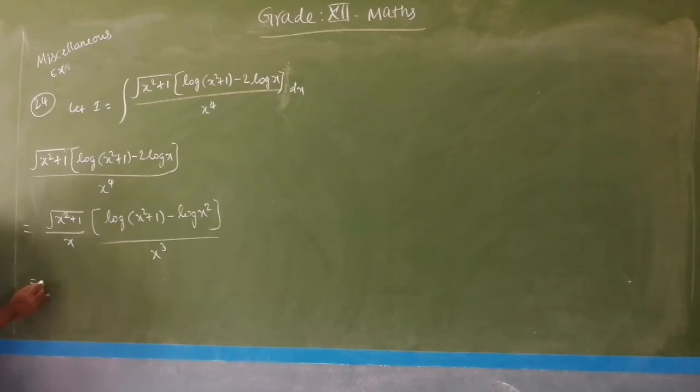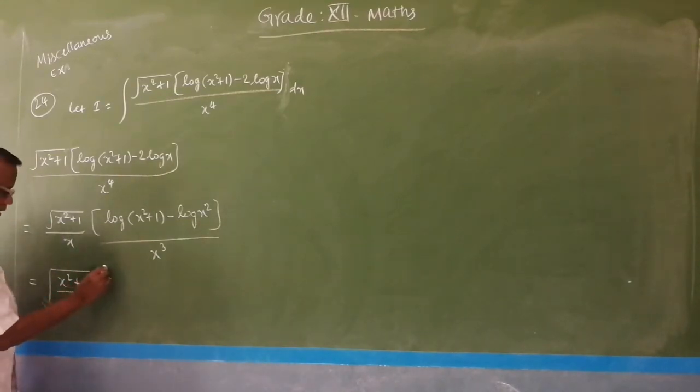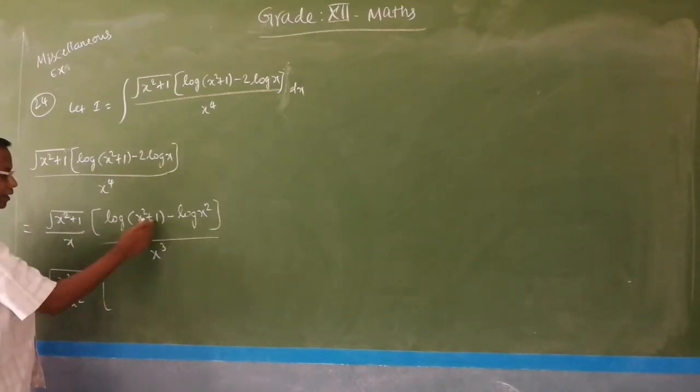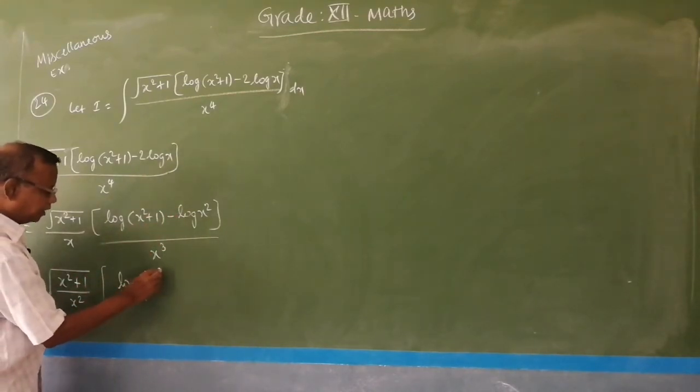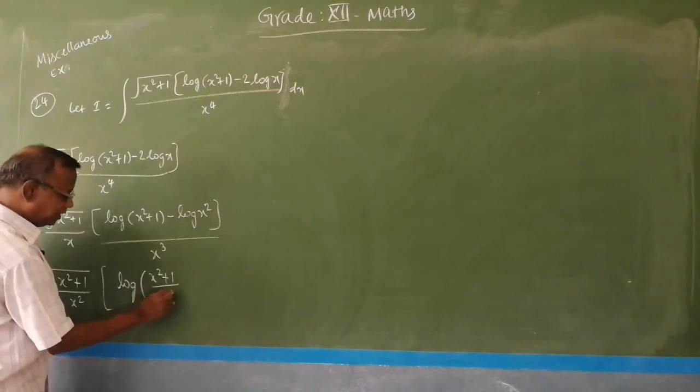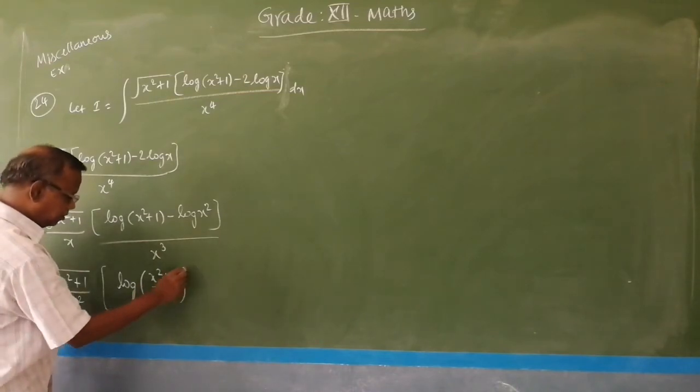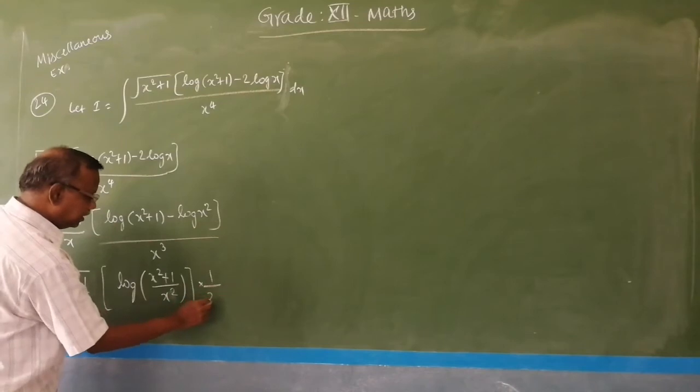Now bring the x into the square root, that will be x square plus 1 divided by x square. So outside it is x, inside it is x square, and log a minus log b equal to log a by b, so log of x square plus 1 divided by x square, into 1 by x cube.